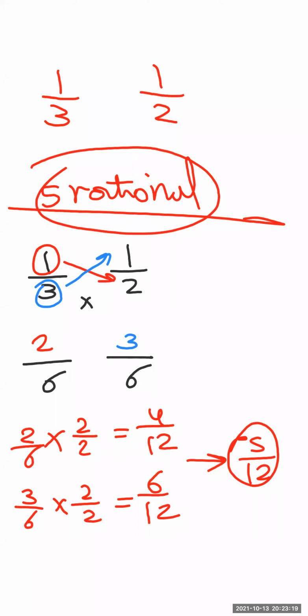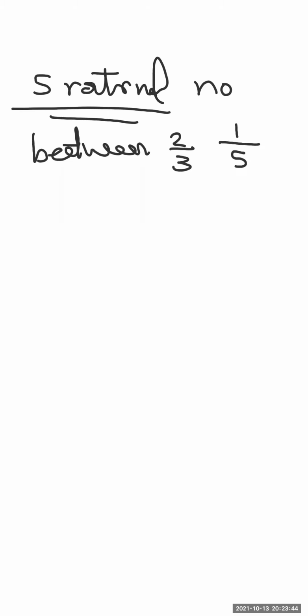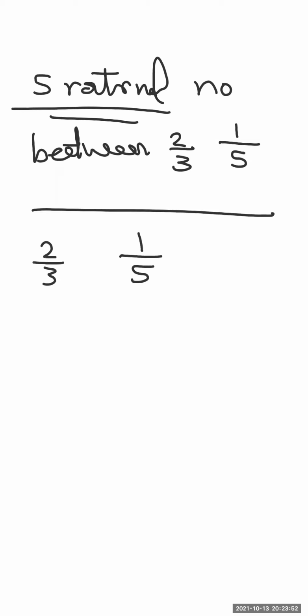Okay, I'm going to explain one more question. Concentrate with me. If I want to get 5 rational numbers between 2/3 and 1/5, the first step is to unify the two denominators. The denominators will be 3 times 5, so it's 15.